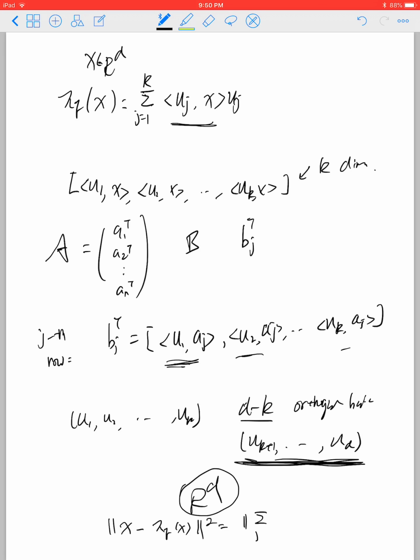We can use these k coordinates to represent the projected vector in the k-dimensional subspace F. That's enough. We actually do not need to use the original d-dimensional representation.